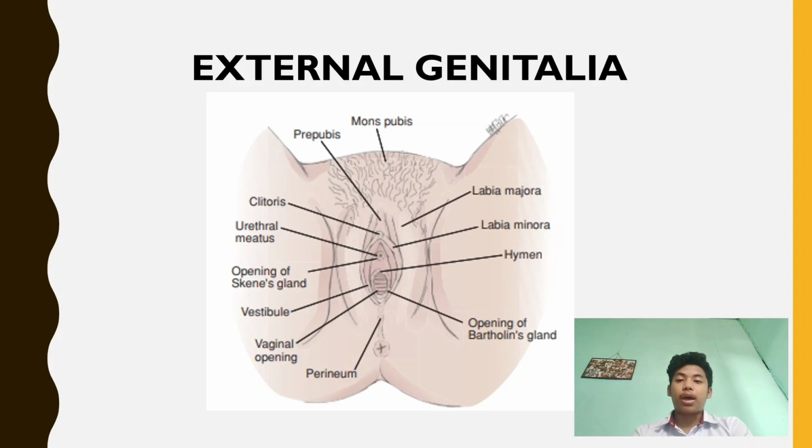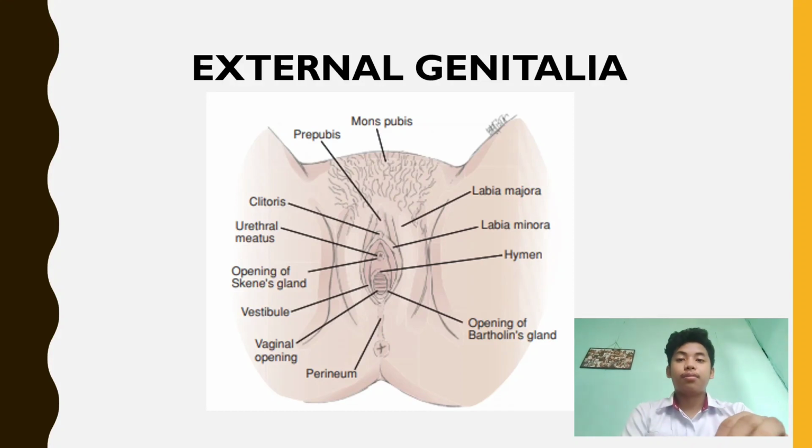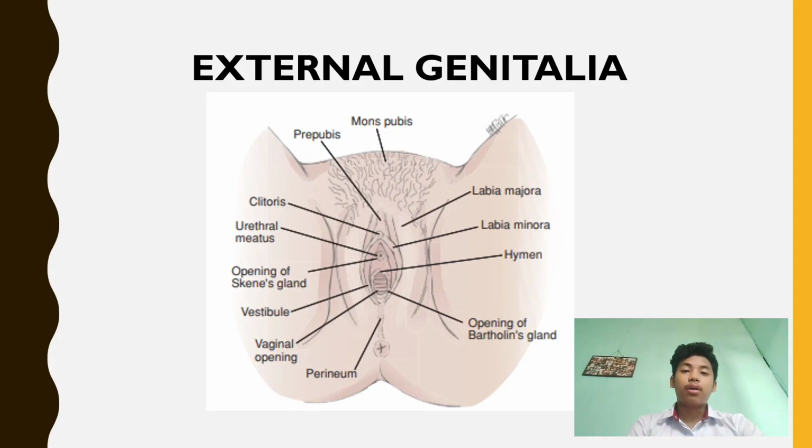Below the urethral meatus is the vaginal orifice. So this is the external opening of the vagina and has either a slit-like or irregular circular structure depending on the configuration of the hymen. The hymen is a fold of membranous tissue that covers part of the vagina.